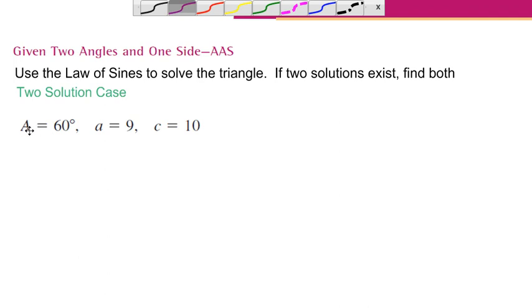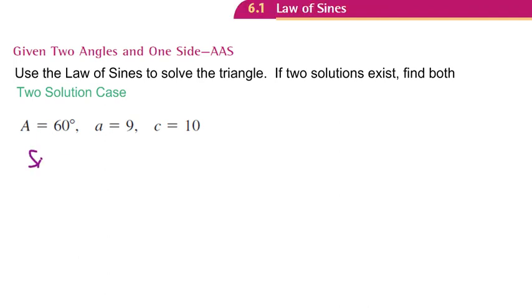Since I know capital A and small a, I can do sine of capital A over small a, and that's going to be equal to sine of capital C over lowercase c. The reason I'm choosing those is because they gave me capital A, lowercase a and lowercase c.